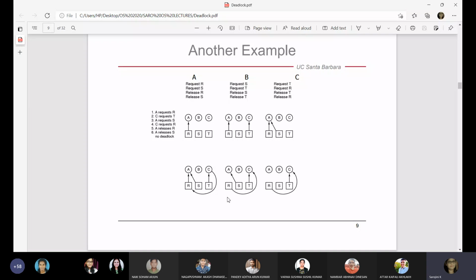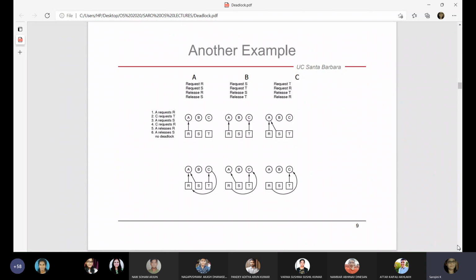Now R is with C. In the earlier diagram, C requested R. In this diagram, R is allocated to C. Now there is no deadlock. So that is no deadlock.